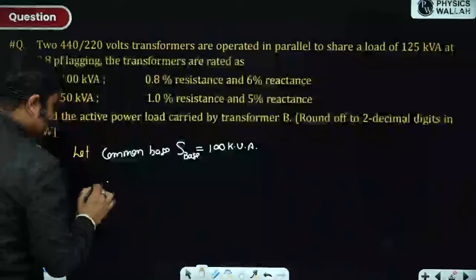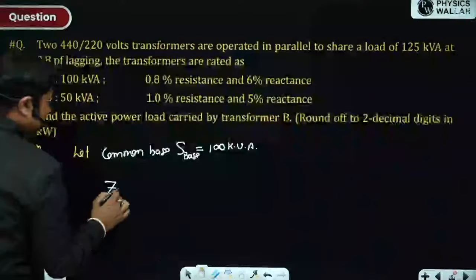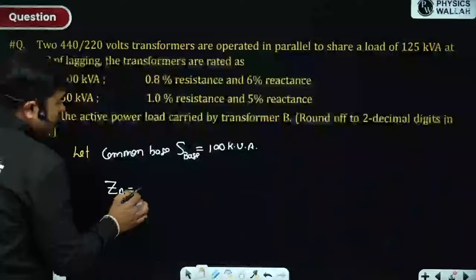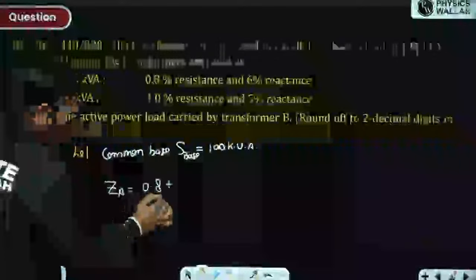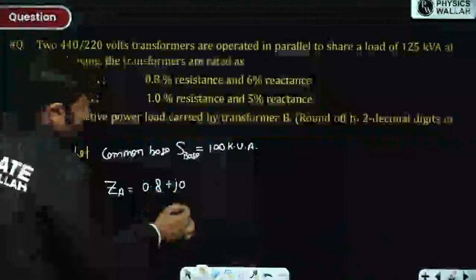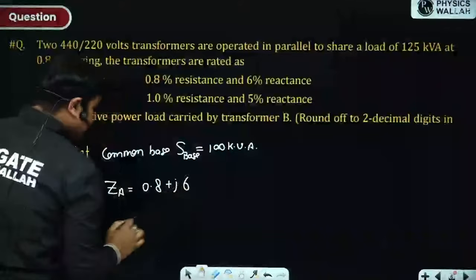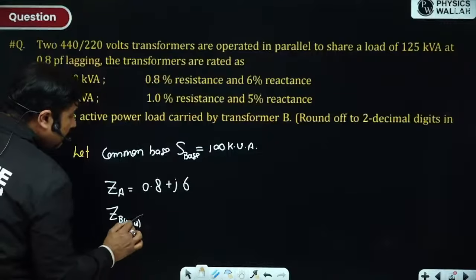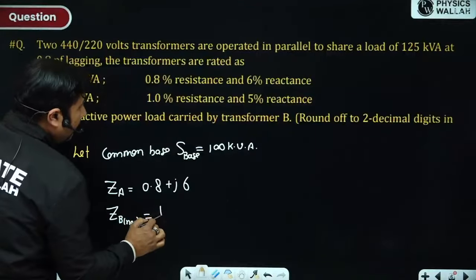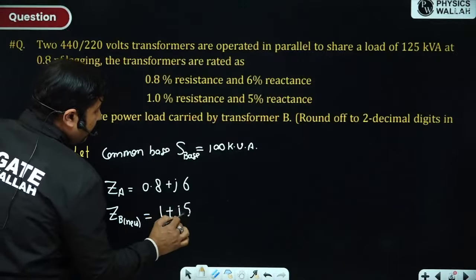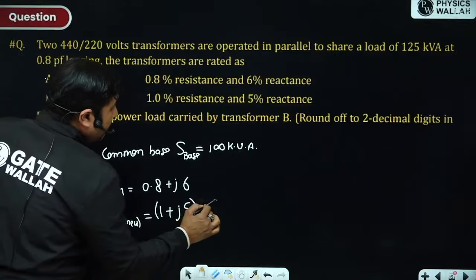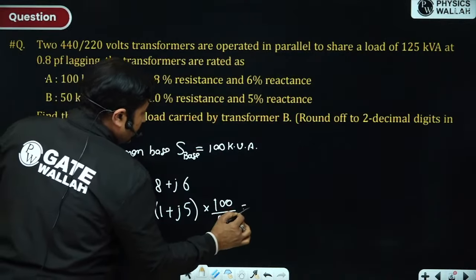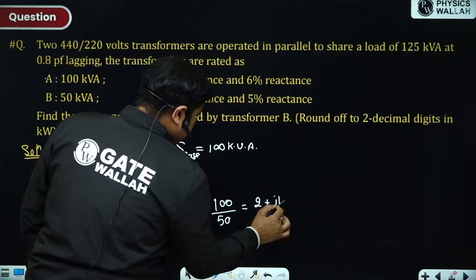So ZA will remain the same, transformer A as mentioned: ZA is 0.8 plus j6%. However, ZB will become a new value: 1 plus j5, in percentage, multiplied by new MVA upon old MVA. So 2 plus j10 it will become.